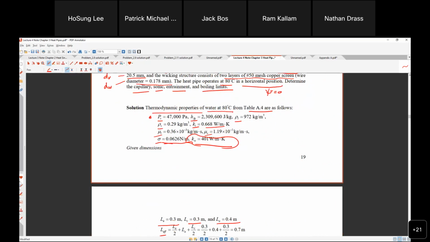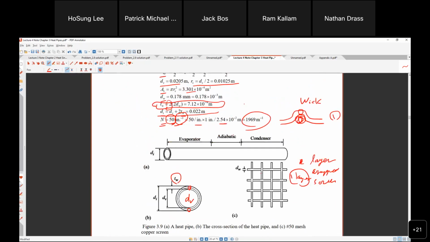Number 50 mesh copper. That means I just convert to the total number, how many per meter. Okay, this is the total number of mesh per meter.